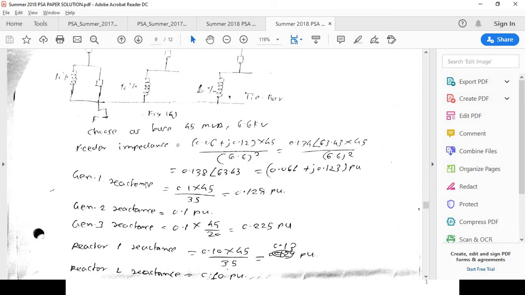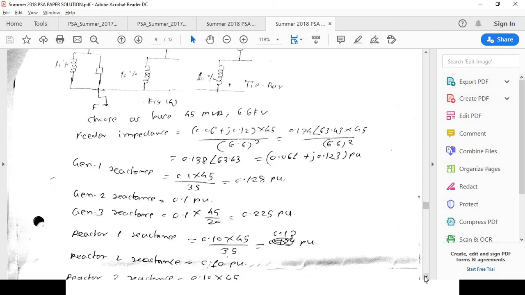Similarly, we calculate the generator 1 reactance in per unit form. It is 0.1 into new base power upon original base power, 45 upon 35, which is 0.128 per unit. Generator 2 reactance is 0.1 per unit because its ratings are the base values. Generator 3 reactance is 0.1 into 45 upon 20, which is 0.225 per unit.